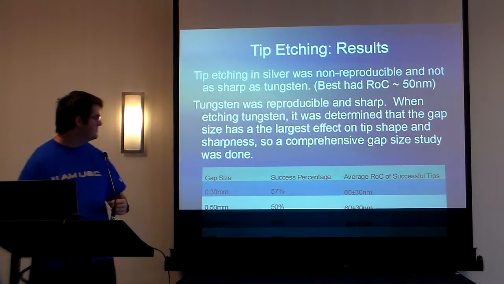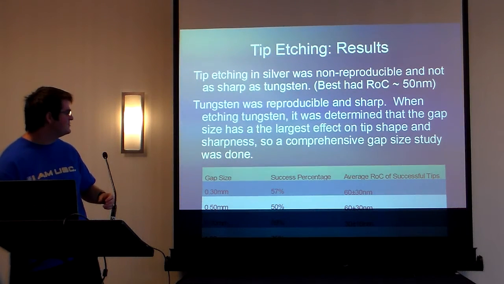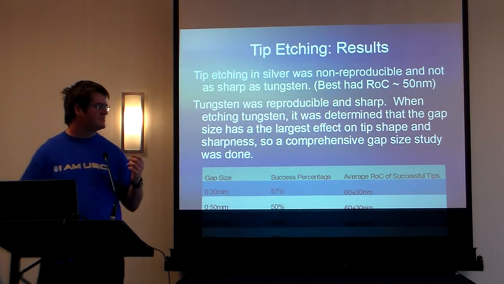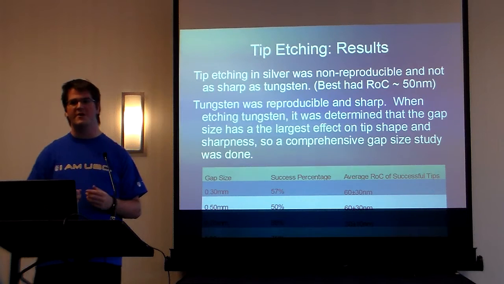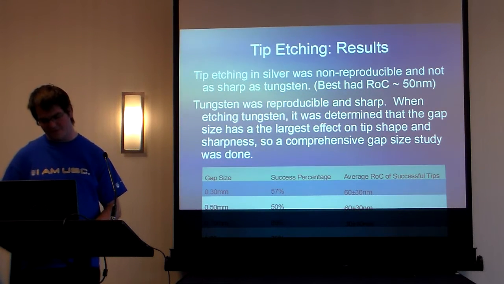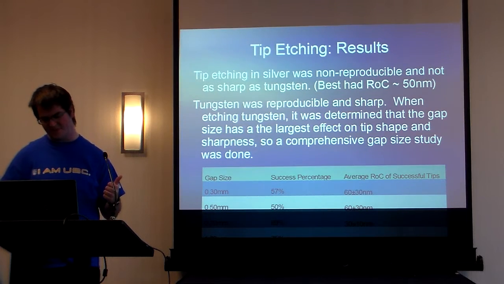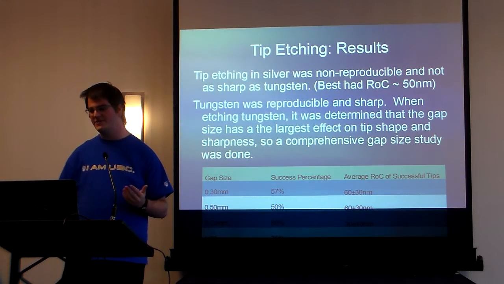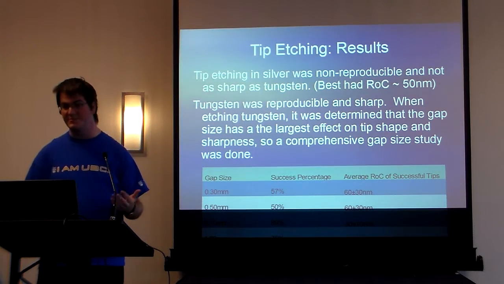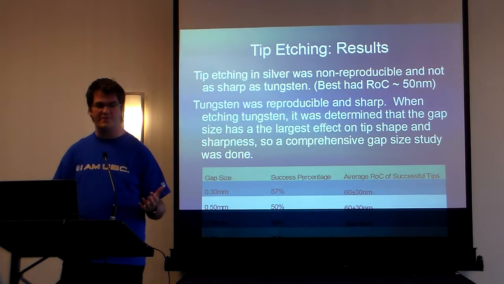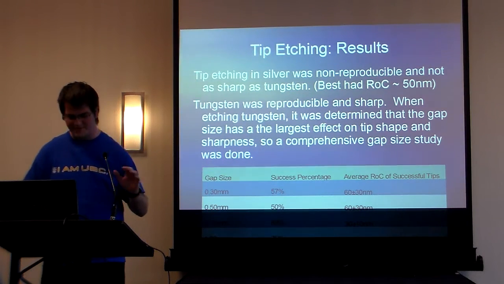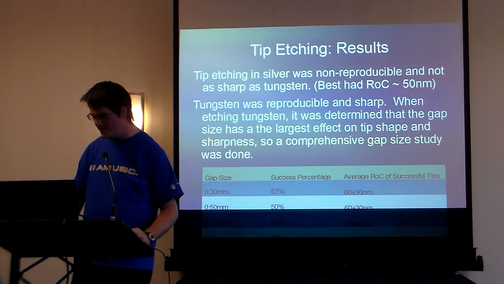The results are on the bottom of this projector, but the success rate drastically increased when you got over 0.5 millimeters. It peaked at 89% for 0.7 millimeters, and the average radius of curvature for those tips was 30 nanometers, which is beautiful, plus or minus 10. So there's not a lot of deviation.